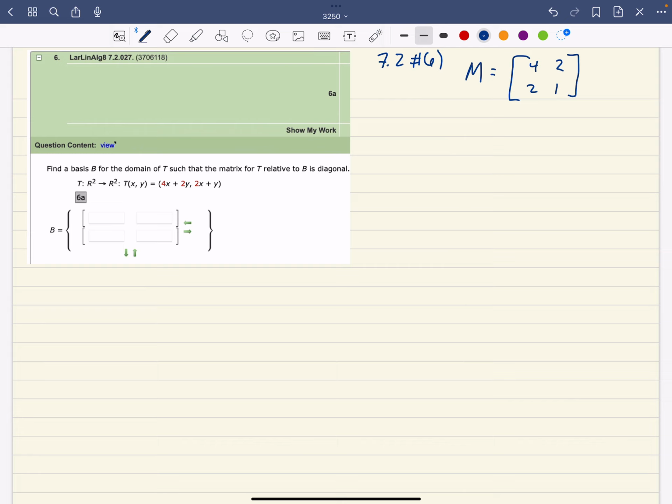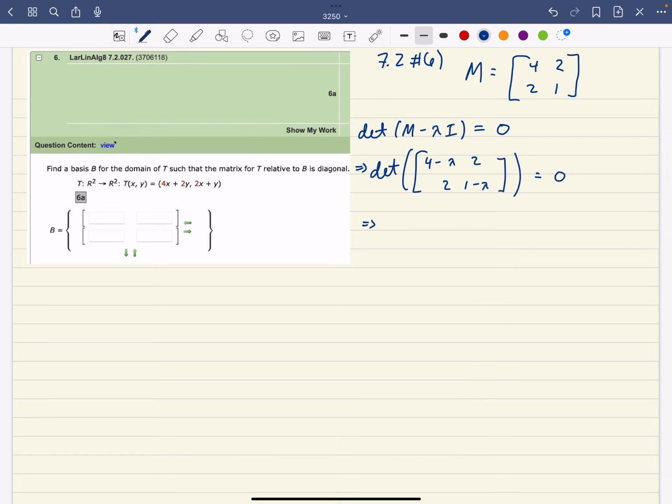In order to diagonalize, we're going to start by finding the eigenvalues. Remember, that means we're going to solve the characteristic equation, where we take the characteristic polynomial and set it equal to 0. In our case, we take the determinant of 4 minus lambda, 2, 2, 1 minus lambda, and set that equal to 0.